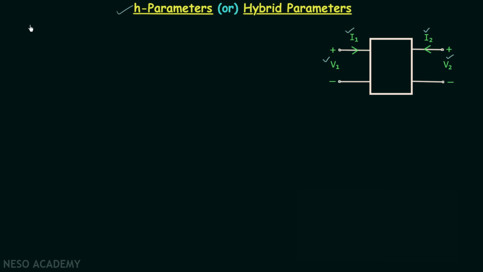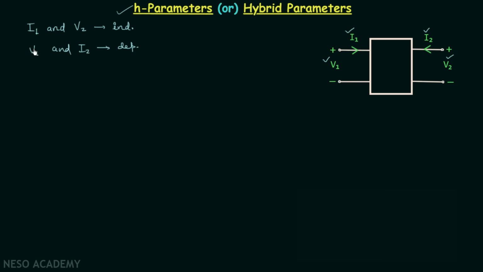I will write down this point: current I1 along with voltage V2 are independent, and voltage V1 along with current I2 are the dependent variables.